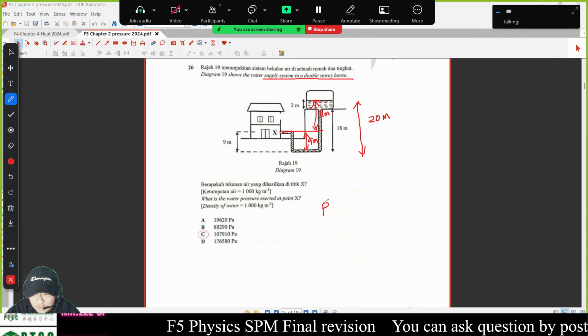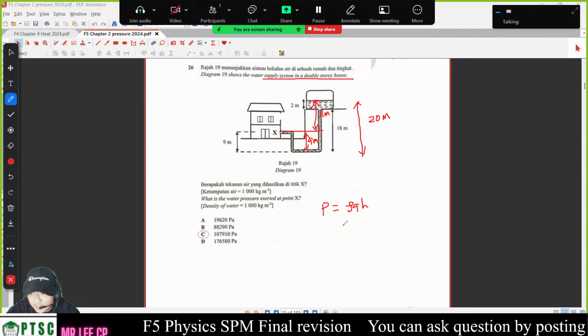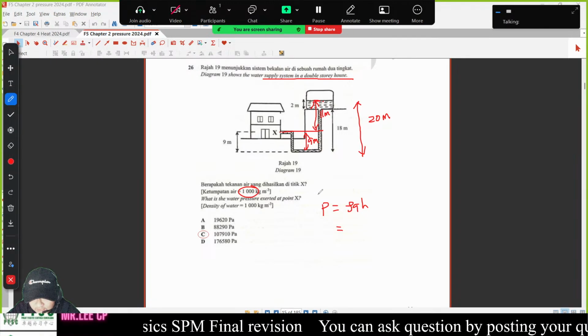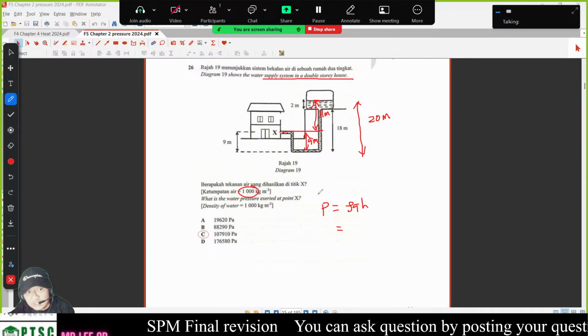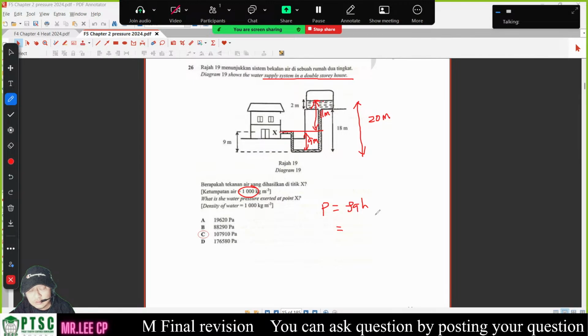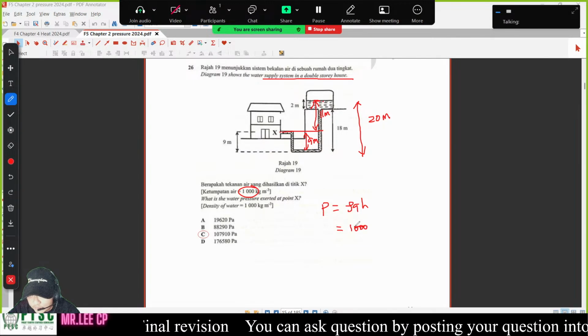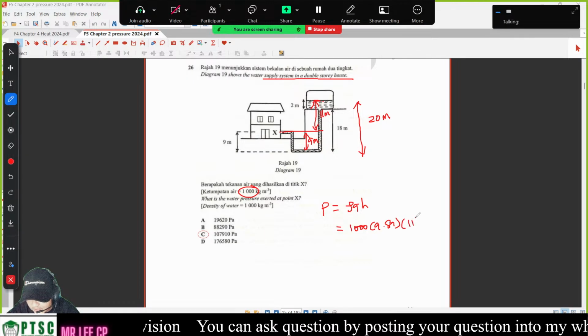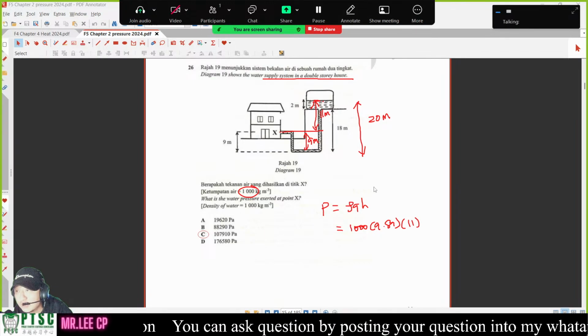So pressure is equal to rho g h. Rho is density, density is 1000. And in this question you see, they will not give you atmospheric pressure. So 1000, g is 9.81, and h is 11. So how much is it? Let me press the calculator.